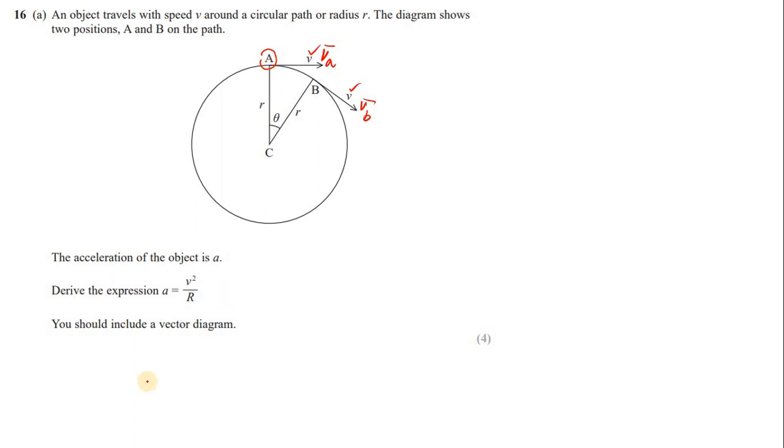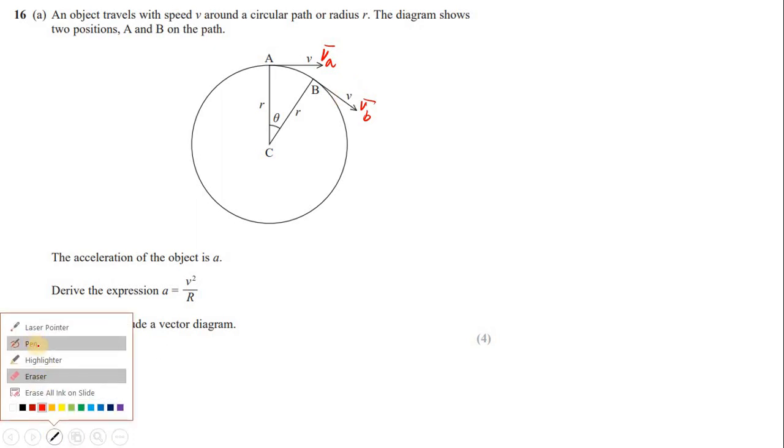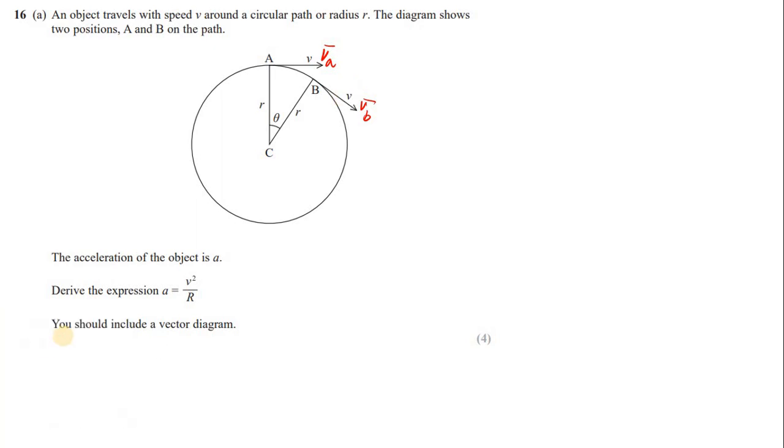So this is the diagram for these two vectors changing direction. This is vector vA, and from the same position A, the new position of this velocity vector is vB.